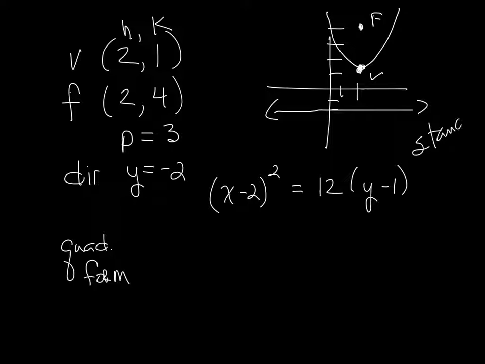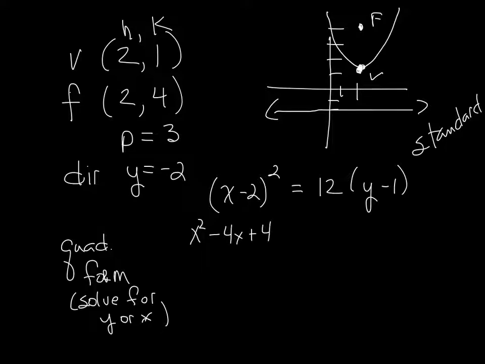For quadratic form, we multiply out and combine like terms. In other words, solve it for y, or for x, whichever term is linear. So we'd have x squared minus 4x plus 4 equals 12y minus 12.